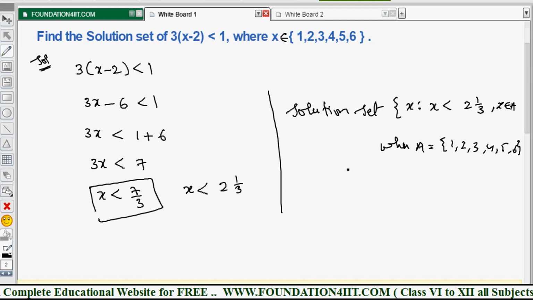From this, only 1 comma 2 is possible, because x is less than 2 1 by 3. So 2 is also included, then 1. So 1 comma 2 is the solution set for this.